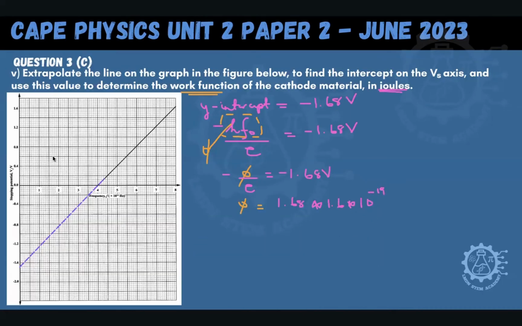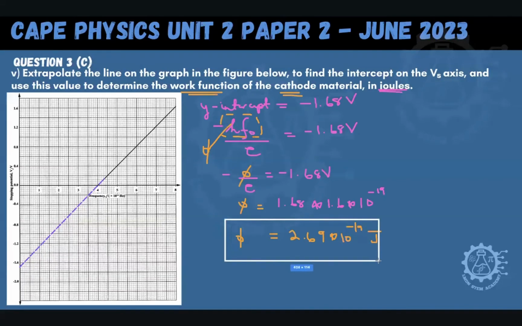And so when all is said and done, our work function comes out to be 2.69 times 10 to the minus 19 joules. So that's our work function for that cathode material. I'm just going to box that, locking this in for our work function.